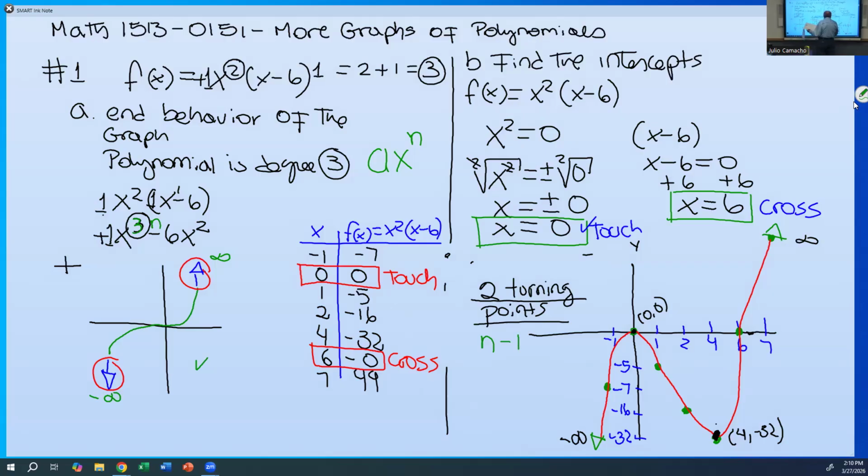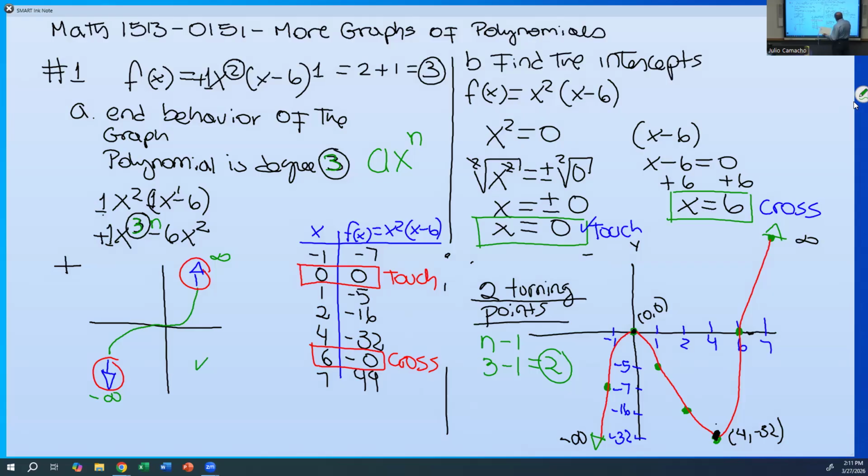So if the degree of the function is third degree, as we found in the beginning, you replace the n by 3, you subtract 1, and the answer is 2. And it's the same conclusion that we got after following the graph. There are only 2 turning points, these black dots in the graph.